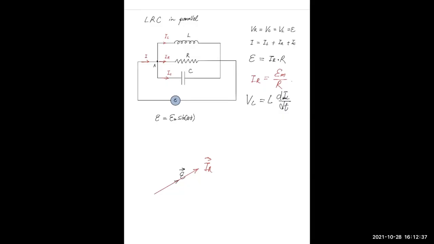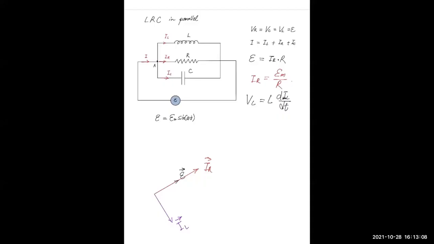And therefore, I can find the current going through the inductor to be 90 degrees behind its voltage, therefore 90 degrees behind epsilon. Okay, so I can draw the phasor diagram for the current in the inductor, and it goes this way, 90 degrees behind the phasor for IR.